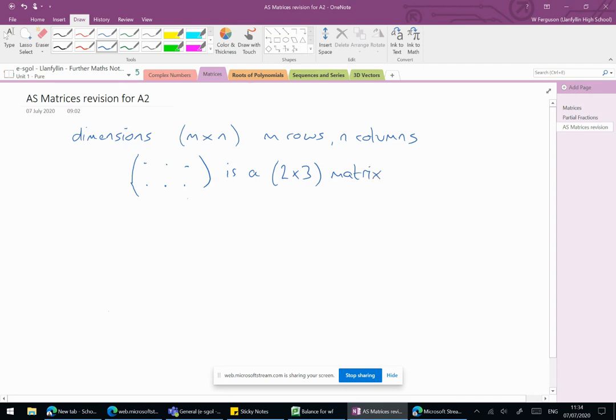And one important subset of all possible types of matrices is square matrices. Obviously, same number of rows and columns, and much of the work that we'll be doing is based around square matrices, but they don't have to be square, and we certainly will be using matrices that aren't square.